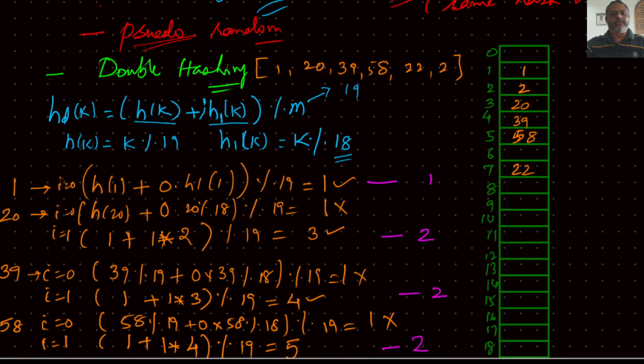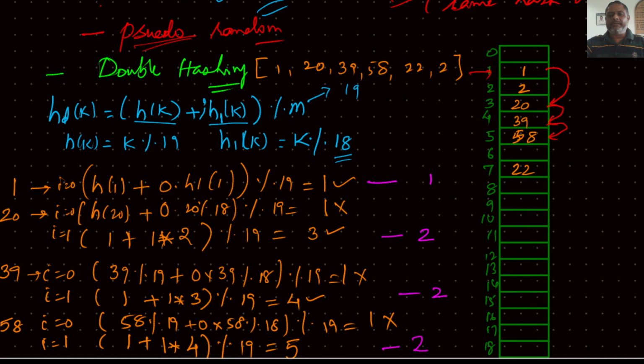so how the things went on, if you just try to look at it. So the first one you looked at 1, fine. Then if 1 was not available, then you went to 2, 3. If 3 was not available, then you went to 4. And 4 was not available, went to 5.